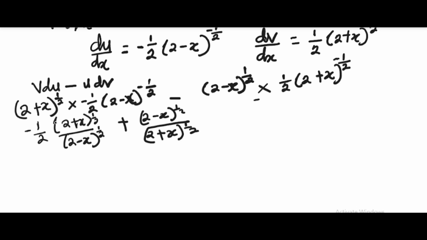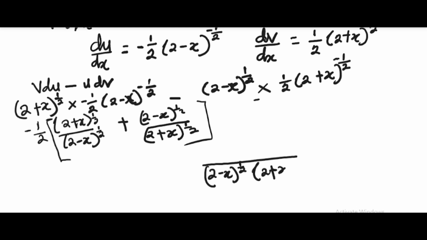Here, remember we factored out minus half. So if we take LCM of what we have inside the bracket, we will have 2 minus x raised to the power of half. We're still working on the numerator so that when we are done, we bring in the denominator.